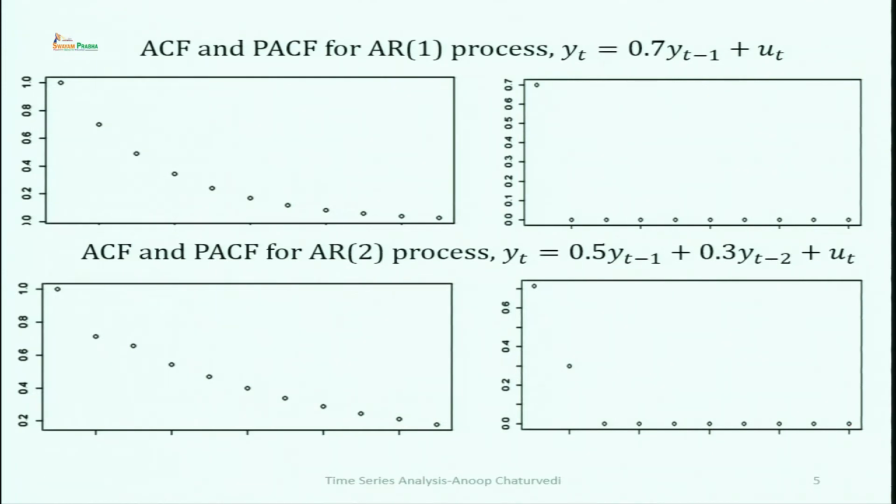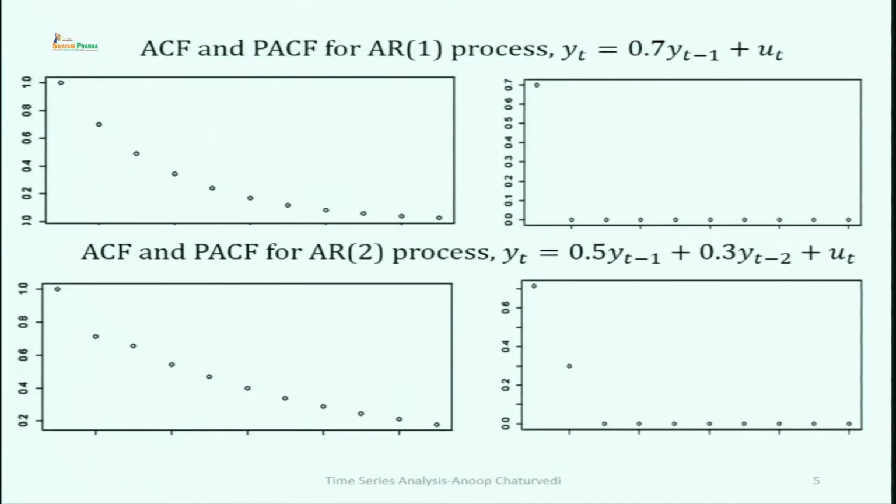So, this is something interesting. For moving average processes, the autocorrelation function vanishes after a certain point, but the partial autocorrelation function never vanishes.